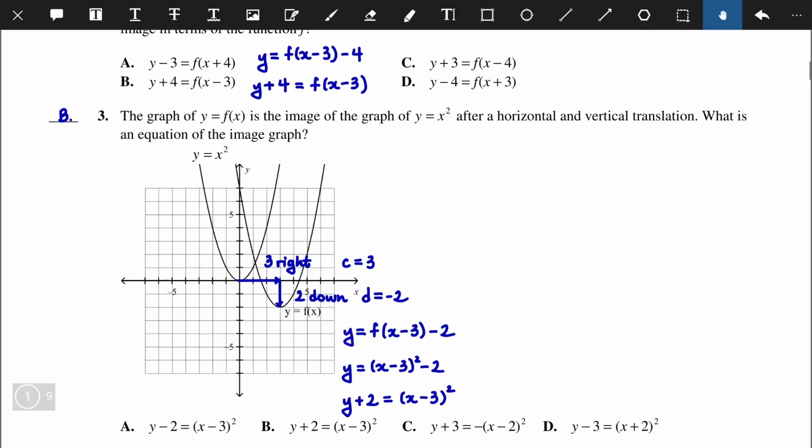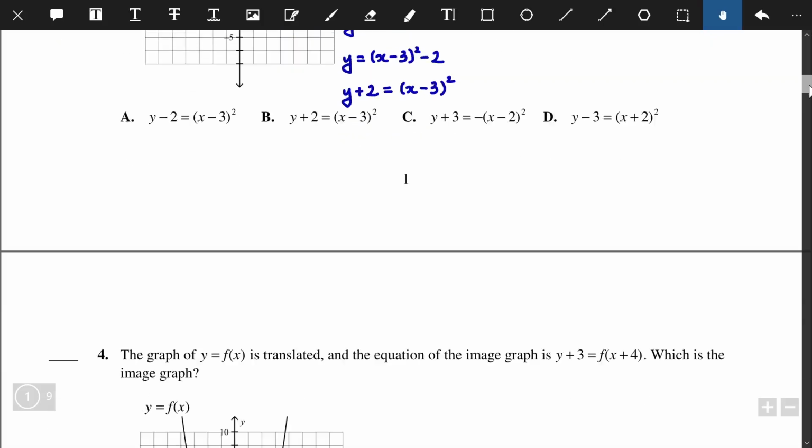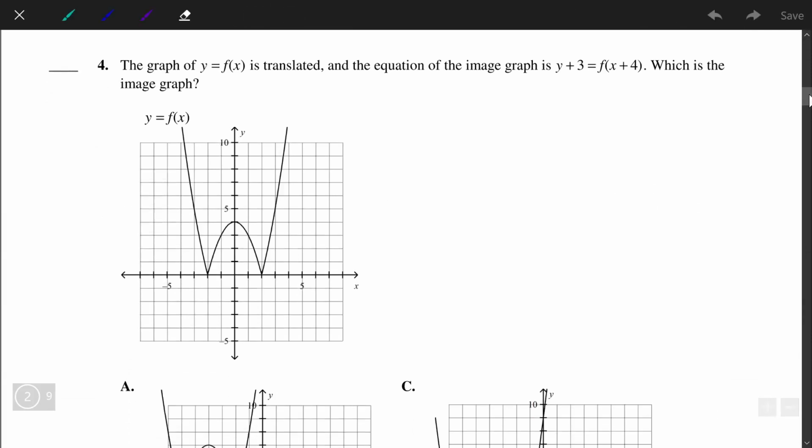Let's continue with number 4. So the graph of y equals f of x is translated, and the equation of the image graph is y plus 3 is equal to f of x plus 4. So we're to find the image graph.